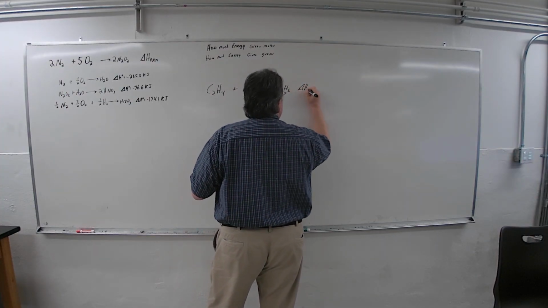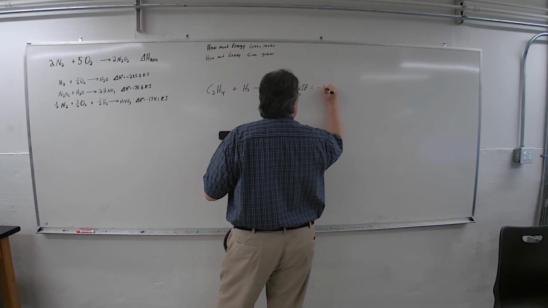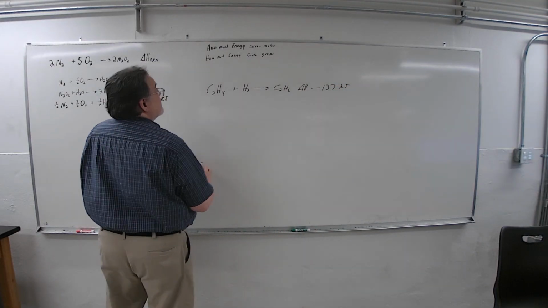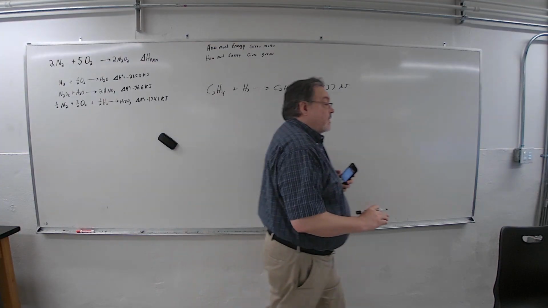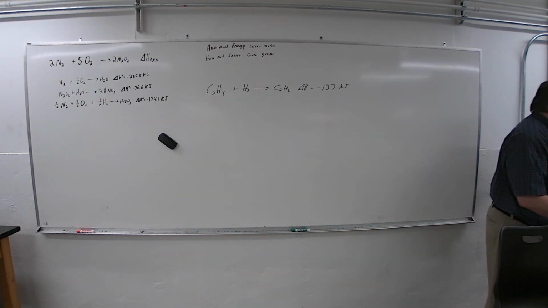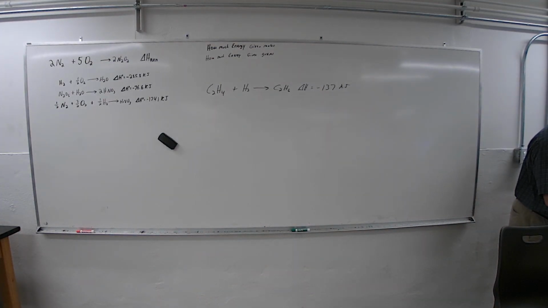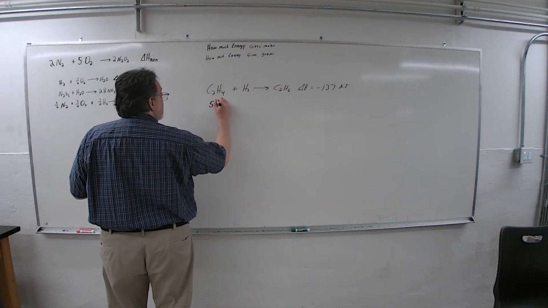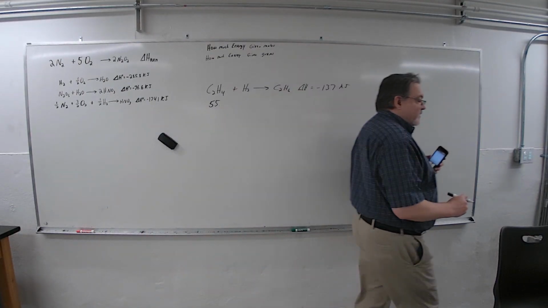Delta H, this is given in the problem. Delta H is negative 147 kilojoules. Now it's saying given 55.23 grams of C2H4. What was it? 55 what?